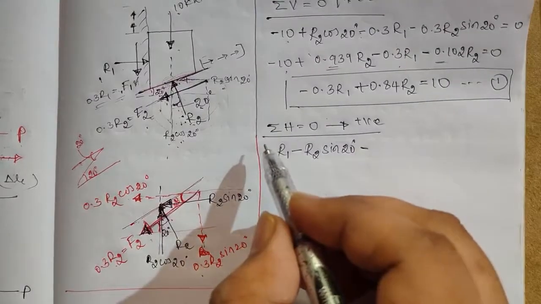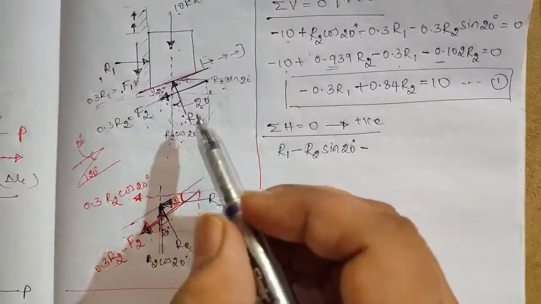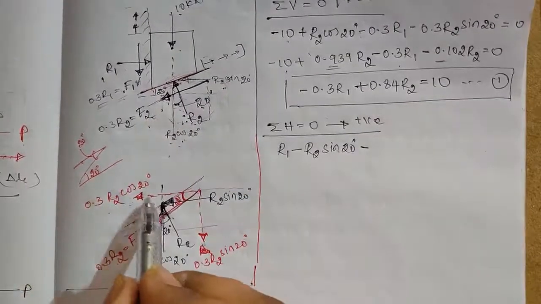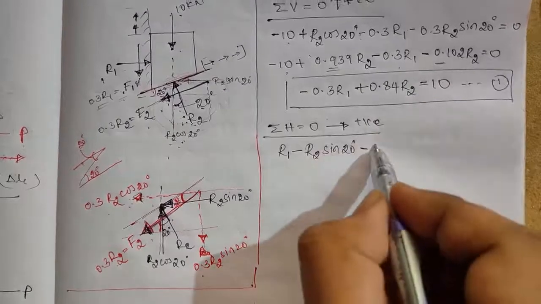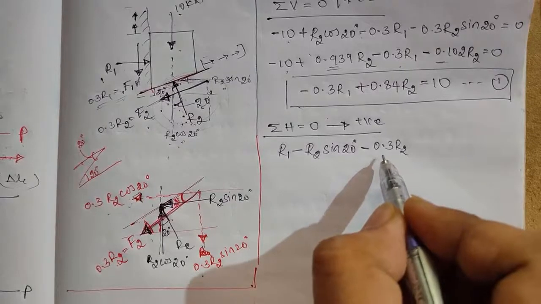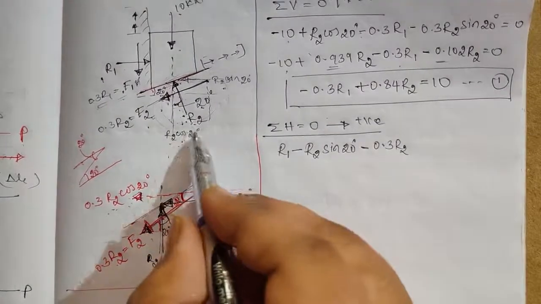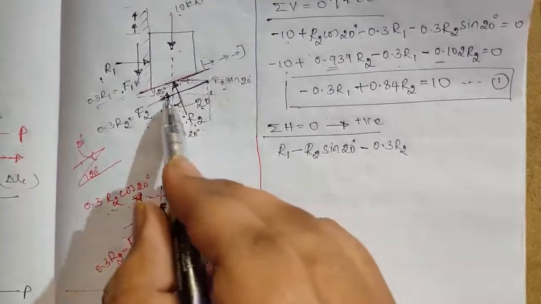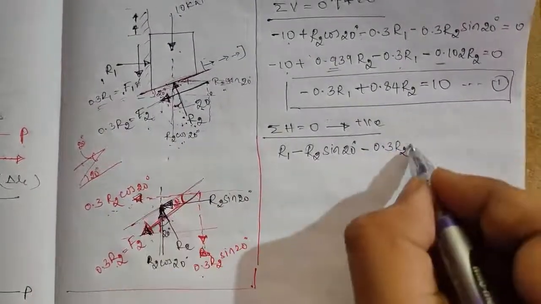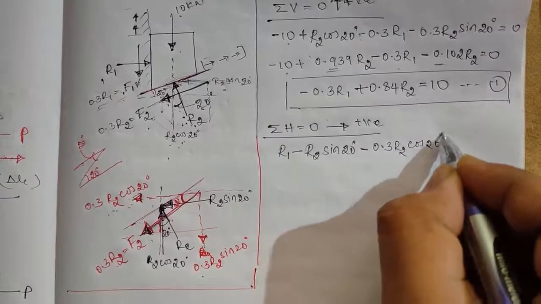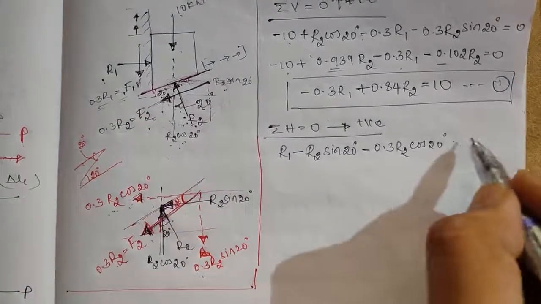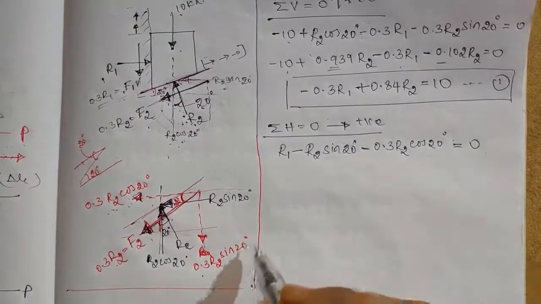Then R2 cos 20 degree is also a horizontal force in this direction, so minus 0.3 R2 cos 20 degree, which is the friction F. Any other horizontal force? No force, equal to 0.